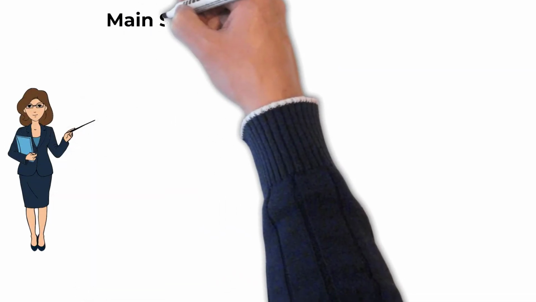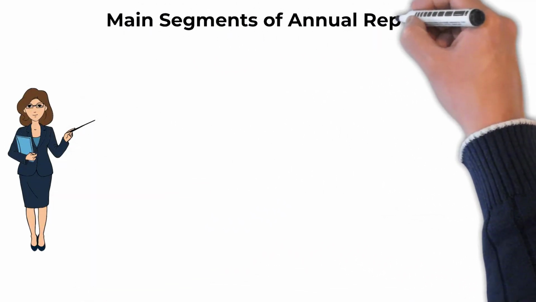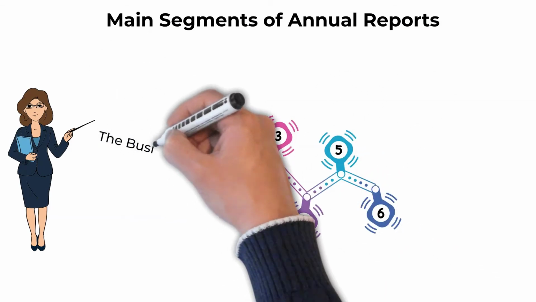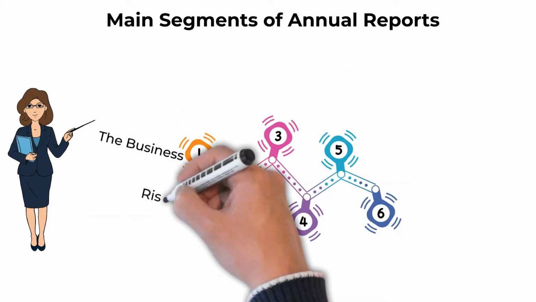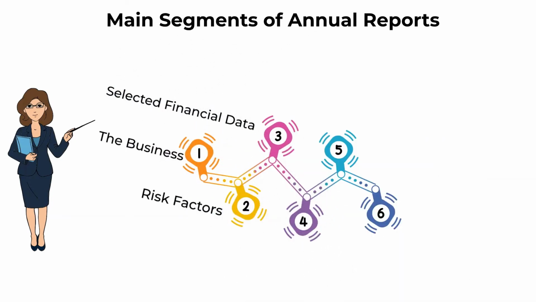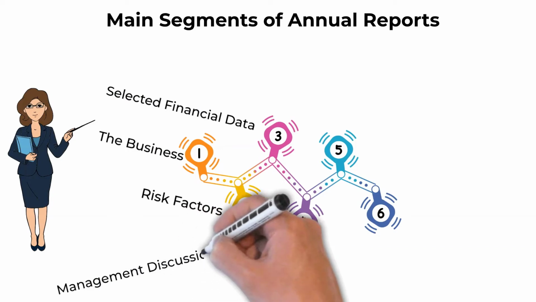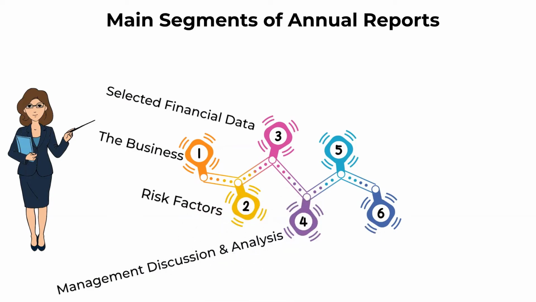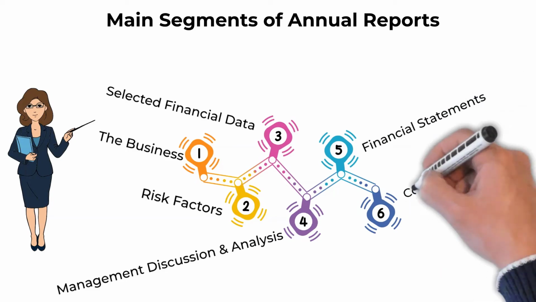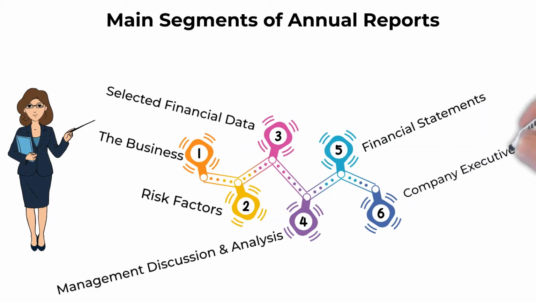Besides the CEO's letter to shareholders, an annual report contains other important information such as a description of the business, an explanation of key risk factors, selected financial data, management's discussion and analysis, financial statements, and information about the company's executives.